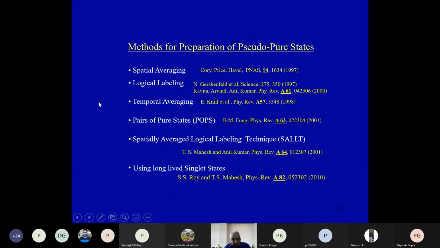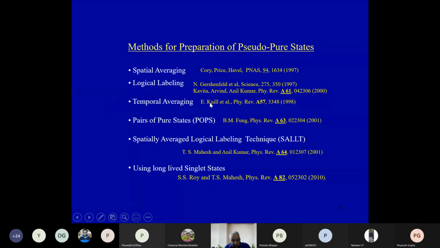There are several methods for preparation of pseudo-pure states. The first one was given by, again, David Cory at MIT, spatial averaging technique, and this is the most commonly used technique. There is one, the logical labeling technique, given by Gershenfeld in 1997, and we were first to experimentally show this technique.